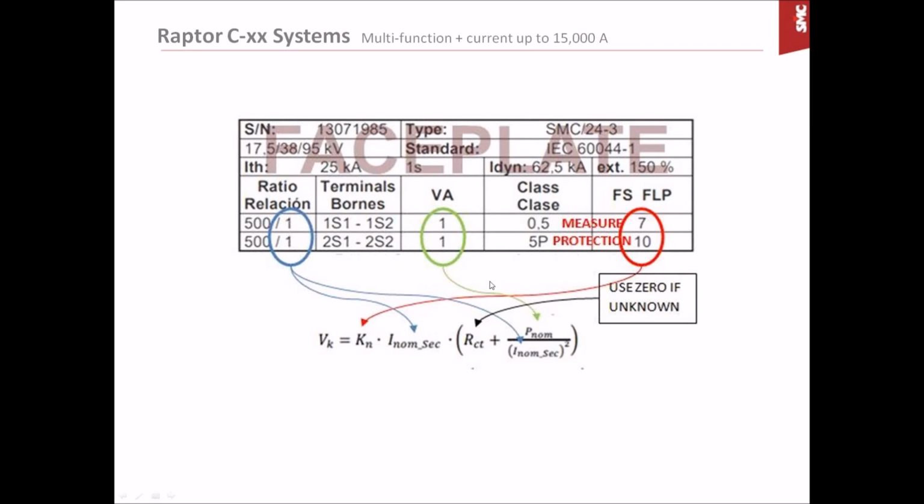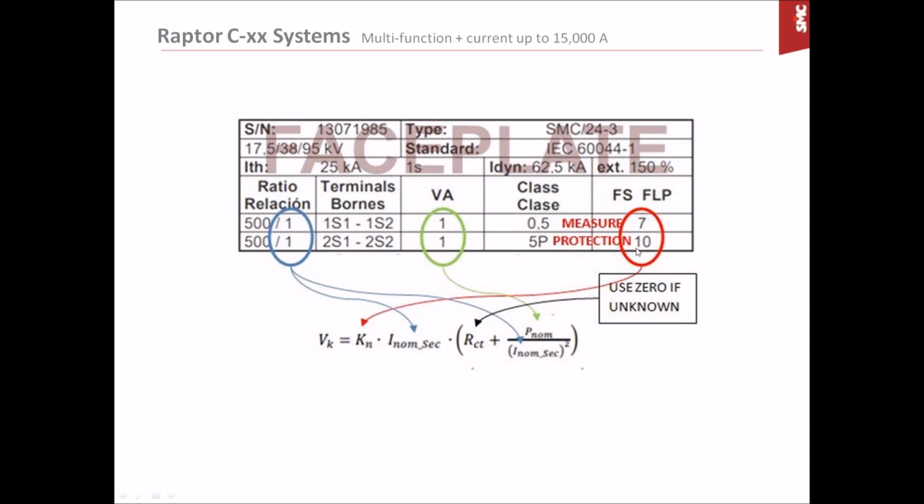You see how we combine the data from the nameplate of the transformer into the formula. The expected saturation voltage, which is this value here, will be calculated from this factor.